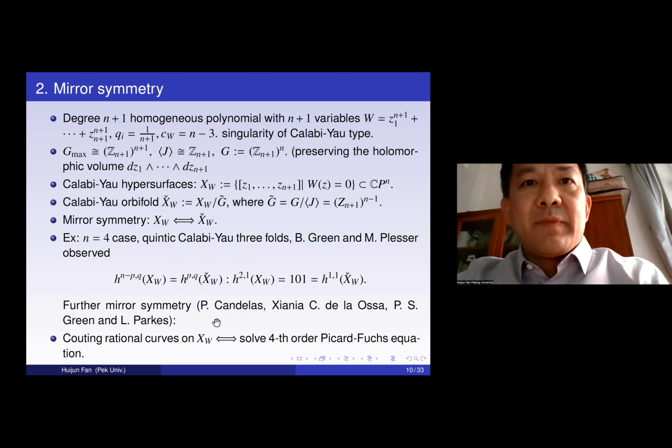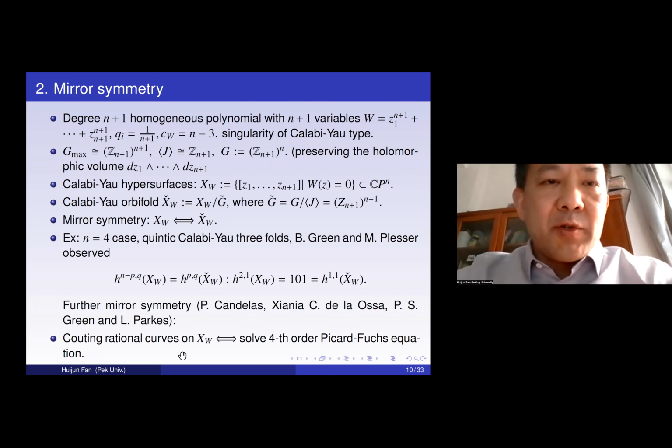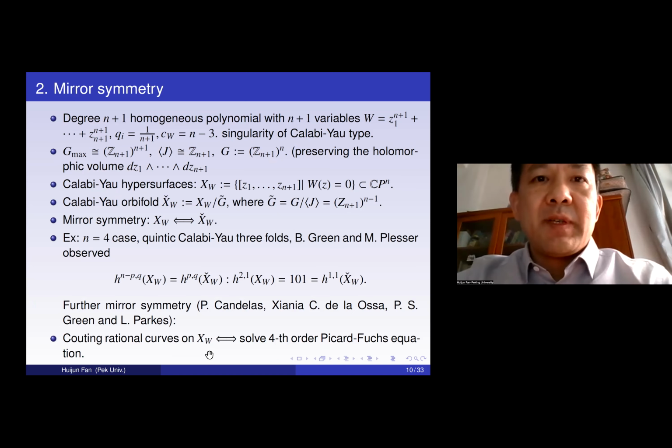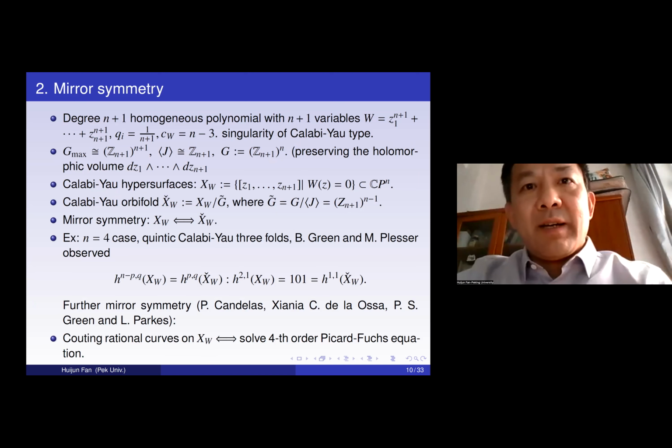They found this correspondence: counting the rational curves on the Calabi-Yau hypersurface XW is equivalent to solving a fourth order Picard-Fuchs equation on the other side given by X check.